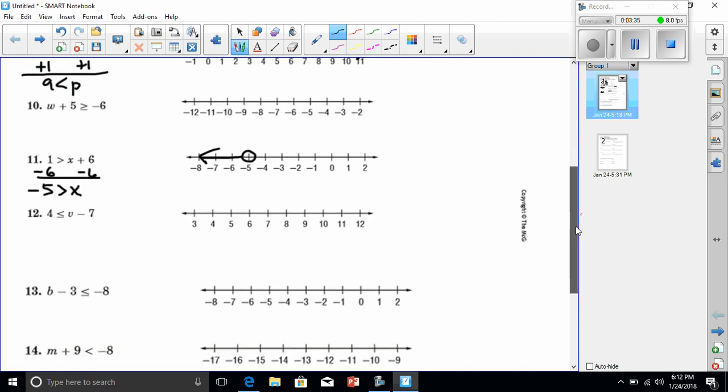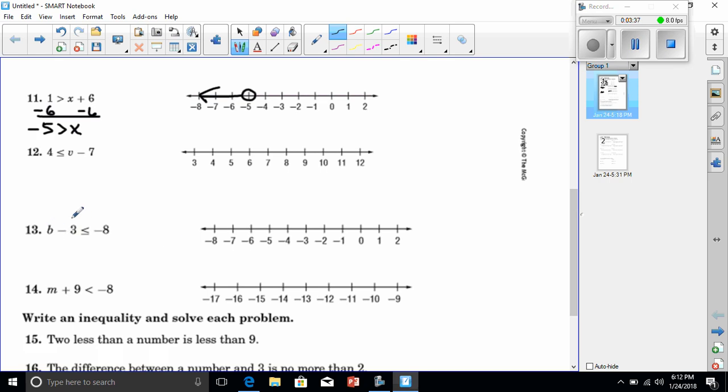Number 13 is next, and it says that b minus 3 is smaller than or equal to negative 8. Well, to get b alone, I have to add 3 to this side, and that means I'll add 3 to this side. And that gives me negative 8 plus 3. That's going to give me negative 5. But this time our symbol is less than or equal to.